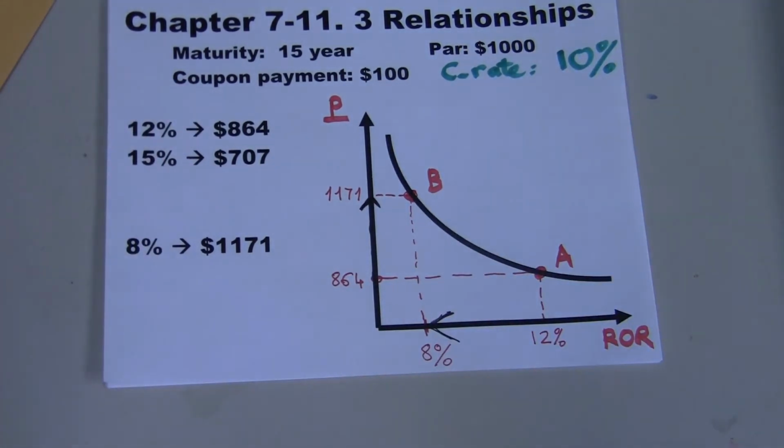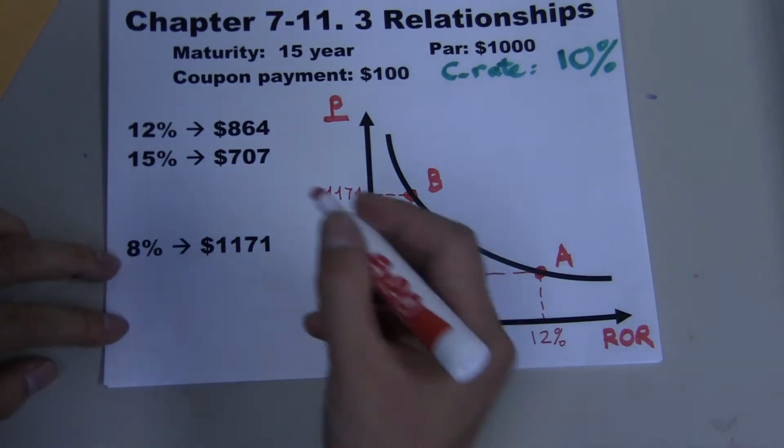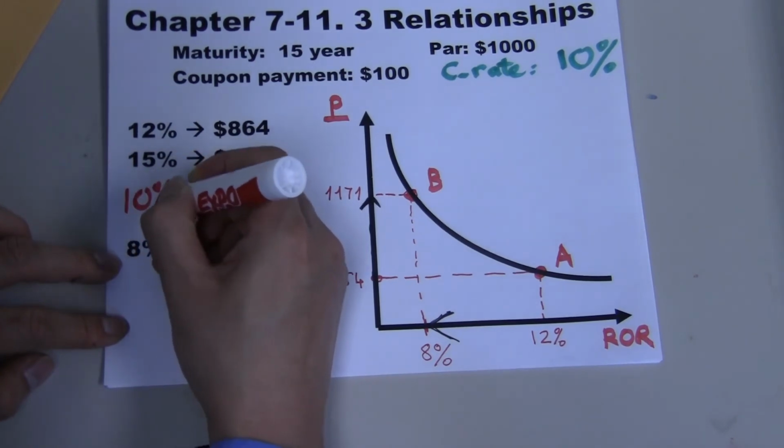Now my question is, if the required rate of return is exactly 10%, what will be the price?